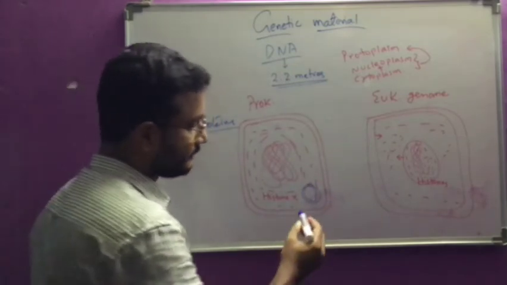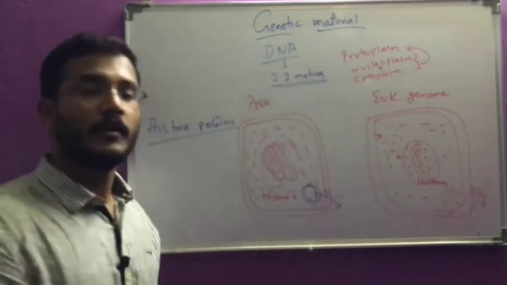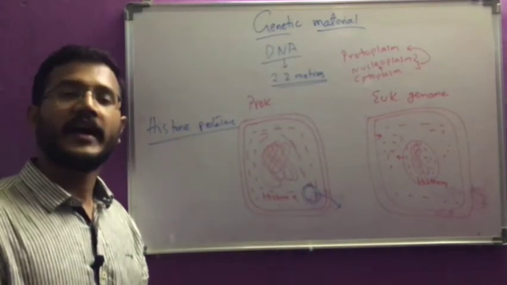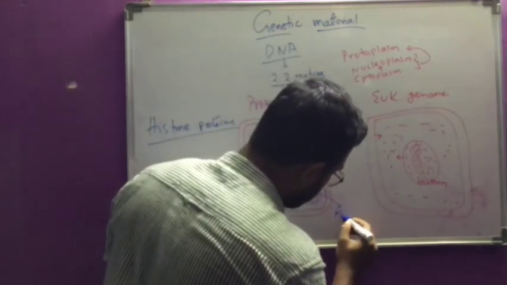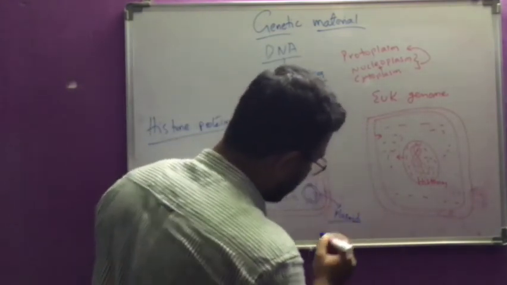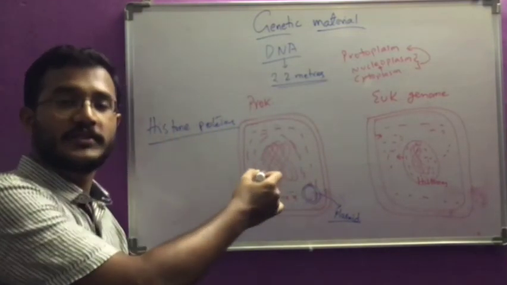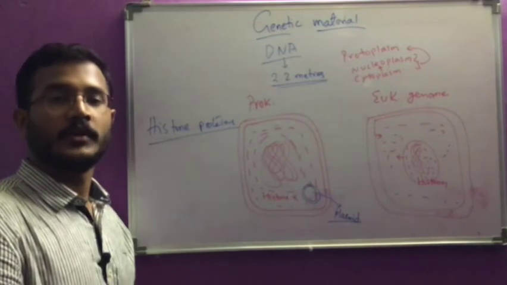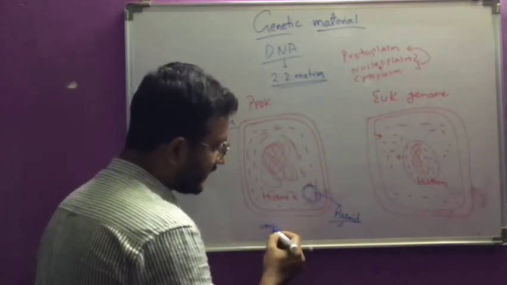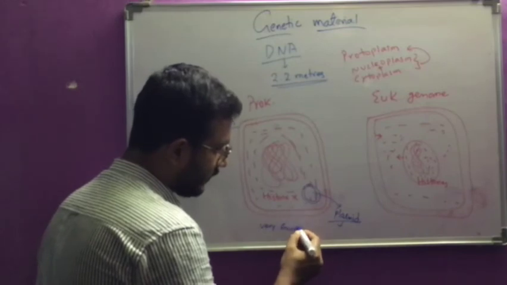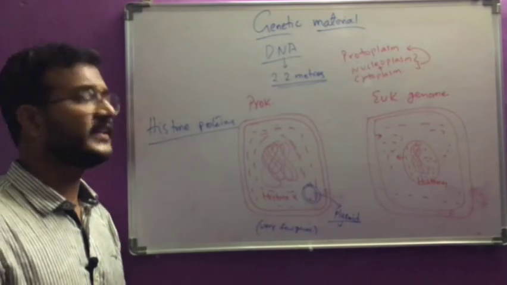This is another circular type of DNA that is known as plasmid. So this is one set of genome and this is another. And these plasmids contain very few genes.